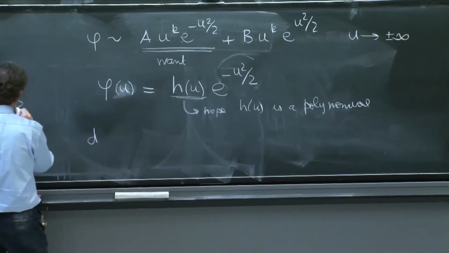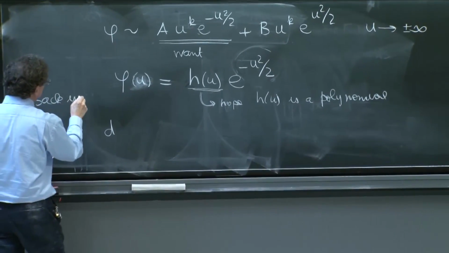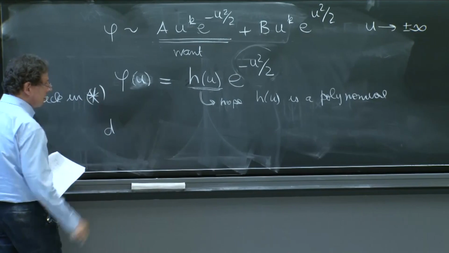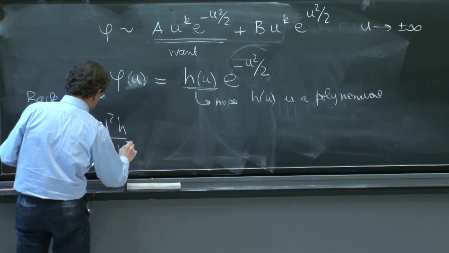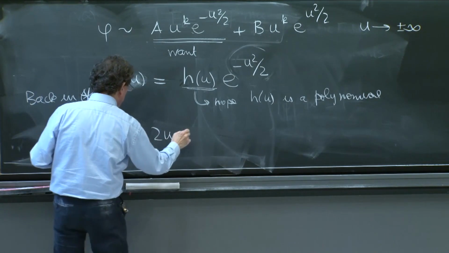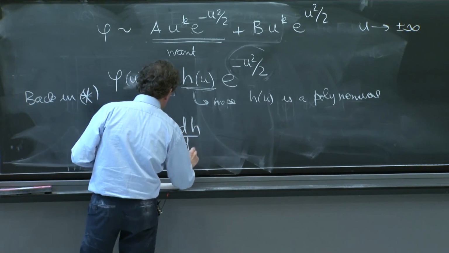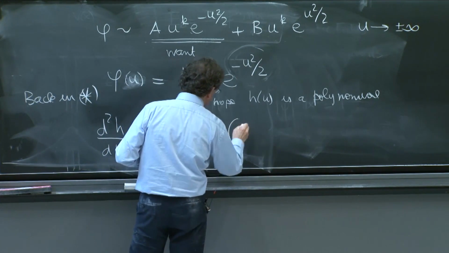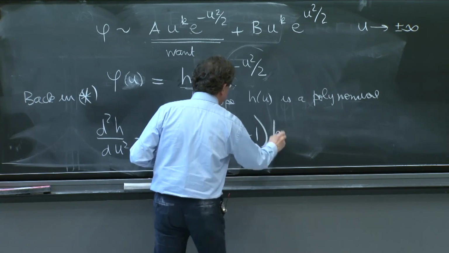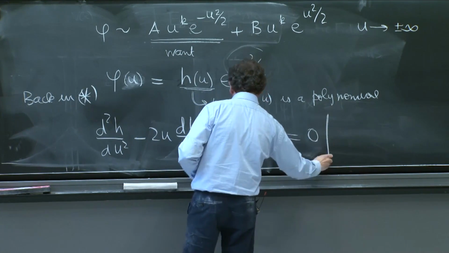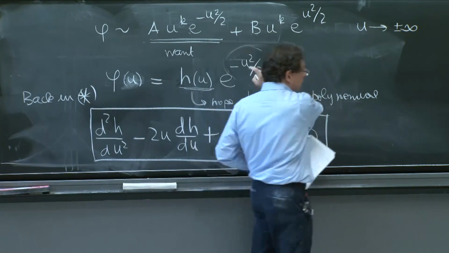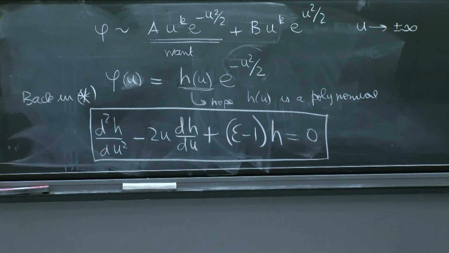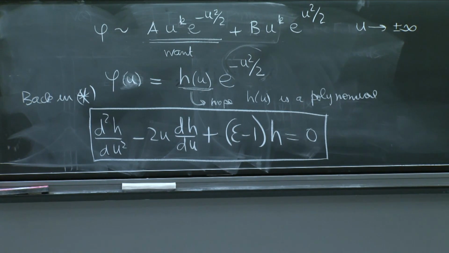Back in star, you get d second h du squared minus 2u dh du plus e minus 1 h equals 0. So you substitute that into this equation, and you get this differential equation.